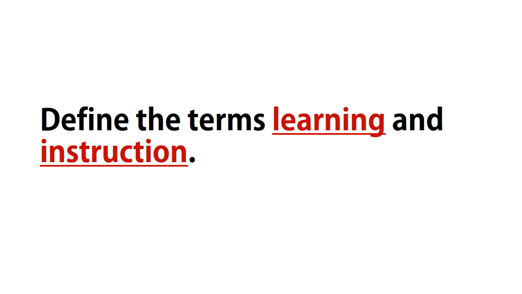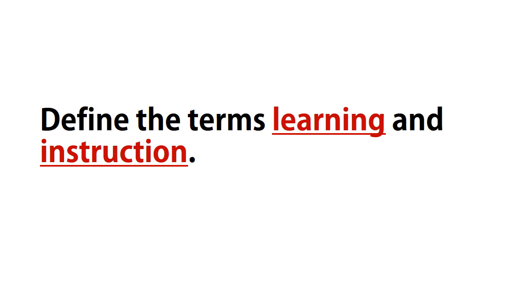So for this course, learning is defined as the development of new knowledge, skills, or attitudes resulting from an individual's external interaction with her or his environment. And by environment, I am referring to media, physical elements in the environment that you interact with, and the information that is communicated by those media.